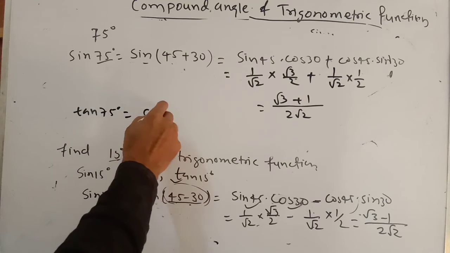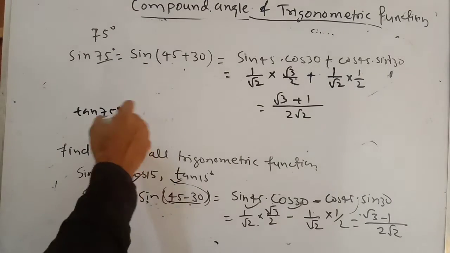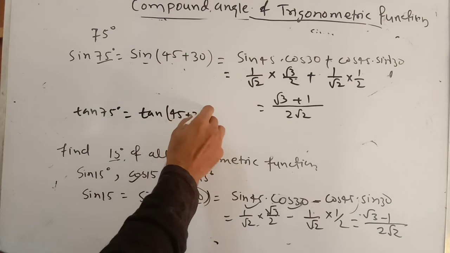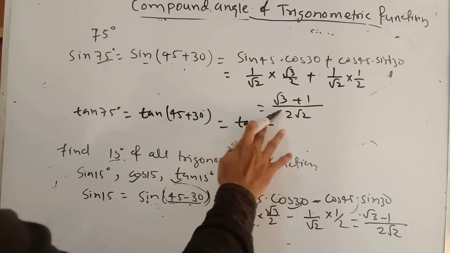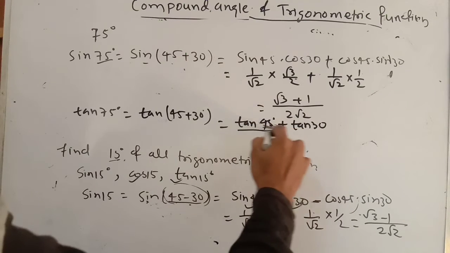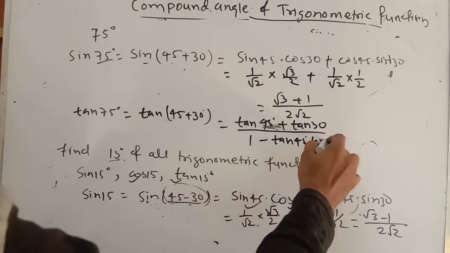So for tan 75, you can break it in this way, tan 45 plus 30 degree. And we know that tan x plus y, you can write tan 45 plus tan 30 divided by 1 minus tan 45 into tan 30.